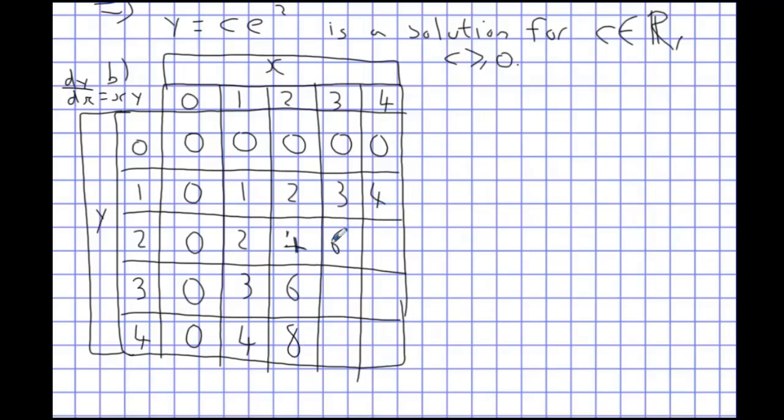If y is 2, we can have a 6 and an 8. If x is 3, you're going to have 9 and 12. If y is 3, you're going to have another 12. And then if they're both 4, you're going to have 4 times 4, 16. Okay, so that gives us the values of dy by dx for all of these different integer points.